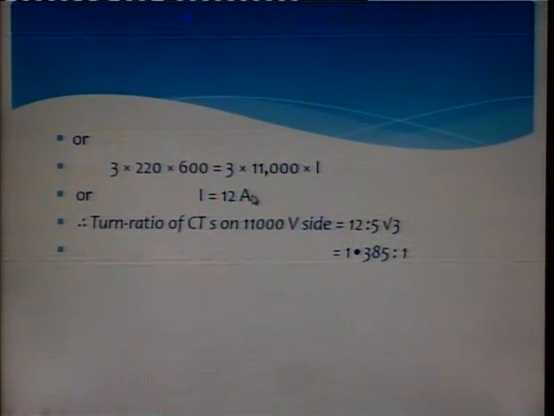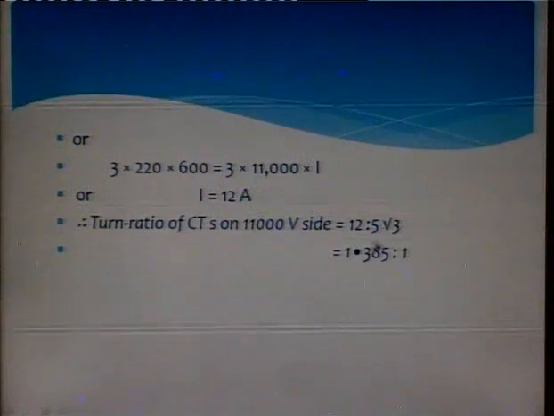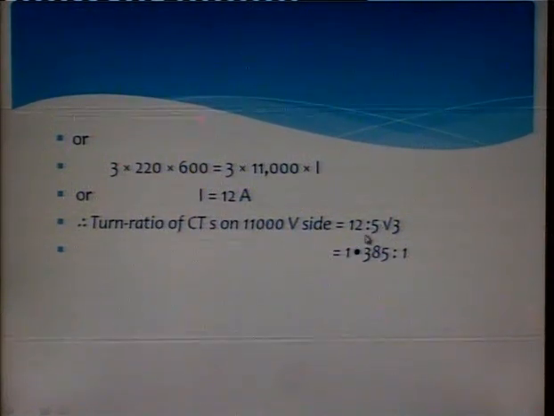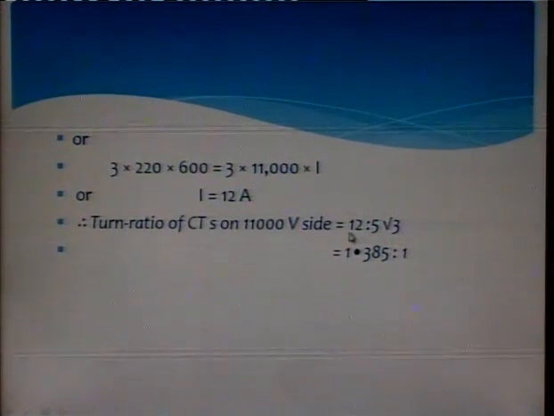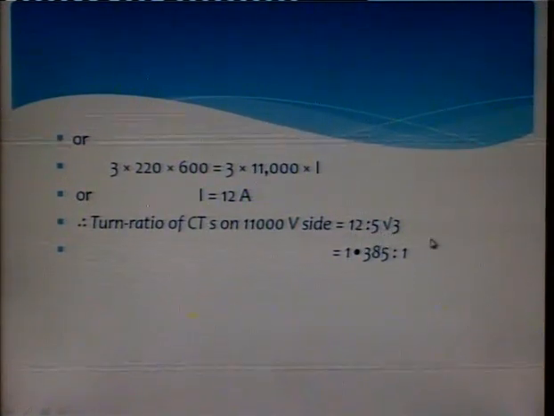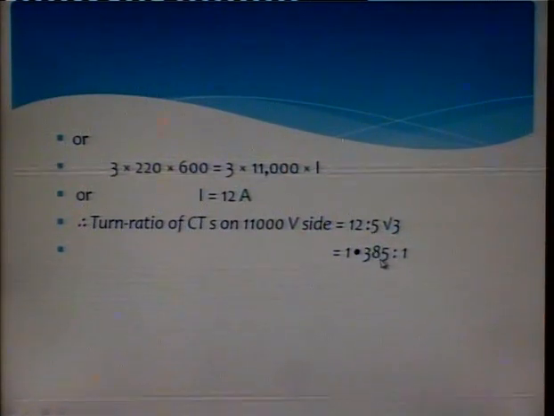So the line current for the 11 kV side is 12 ampere. Now we can calculate the CT ratio, the ratio of secondary side current to primary side current. This is 12 upon 5 root 3, and upon solving, this is 1.385 to 1.